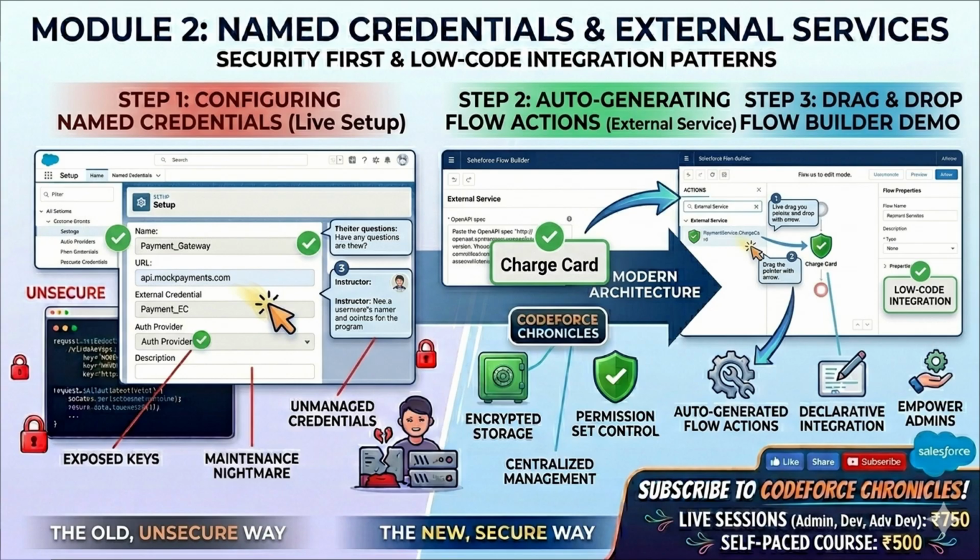The magic of external services. No-code integration. Writing Apex callouts is great, but what if I told you that we could trigger this integration, parse the JSON response, and update a record in Salesforce without writing a single line of code?